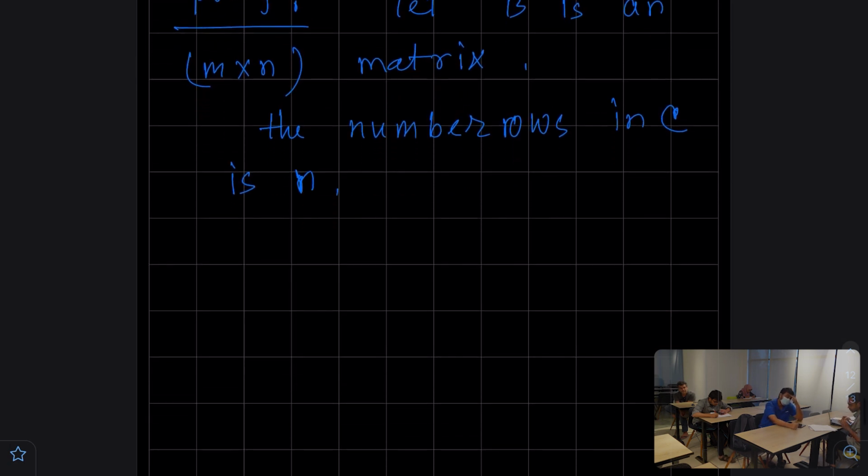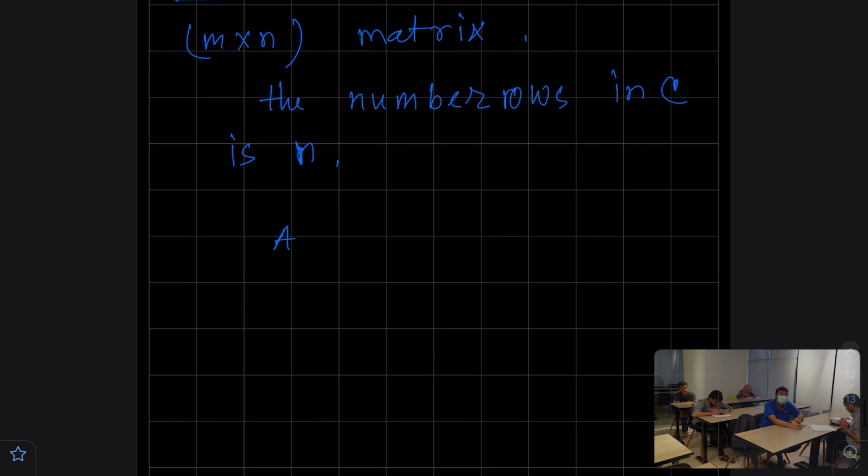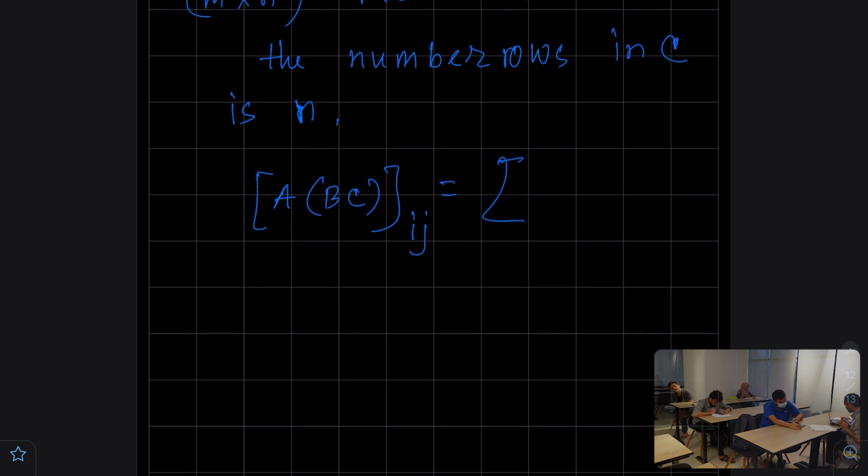Now let's consider A, B, C and the ij element of this product, which equals the summation starting with r equals 1, A i r.